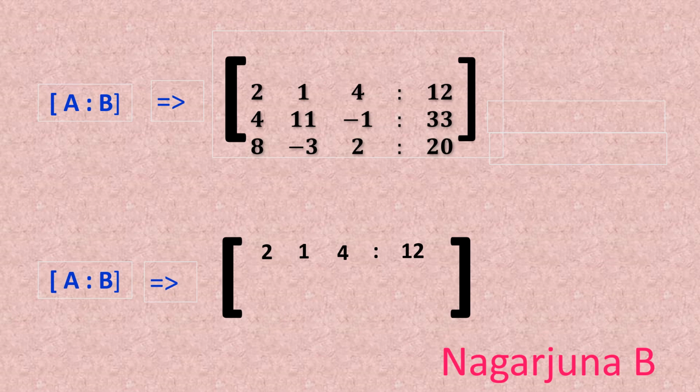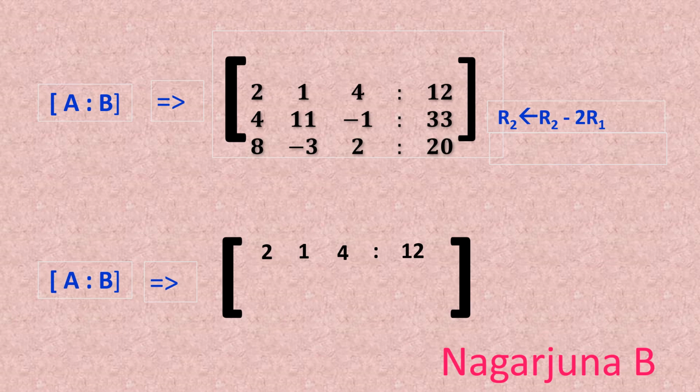So 4 minus 4 will be equal to 0. That means 2 has to be multiplied by minus 2. Therefore we can write R2 equal to R2 minus 2 R1. While speaking we say equal to, but while writing we need to write the arrow mark. That means R2 will be transformed to R2 minus 2 R1.